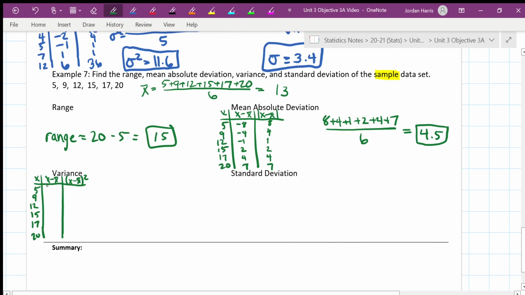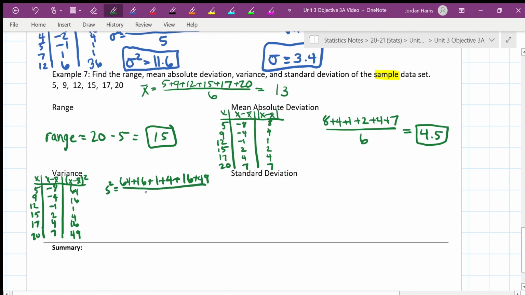I get my deviations, negative 8, negative 4, negative 1, 2, 4, 7. Square them: 64, 16, 1, 4, 16, 49. This time it matters, so s squared, my sample variance, I add them all up and divide by how many there are minus 1.